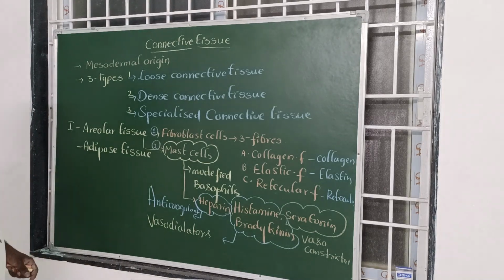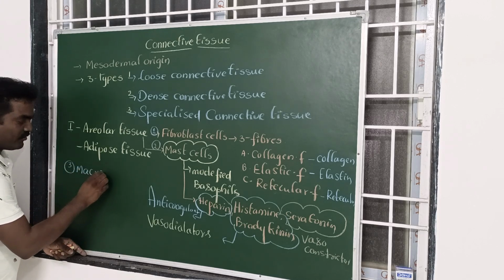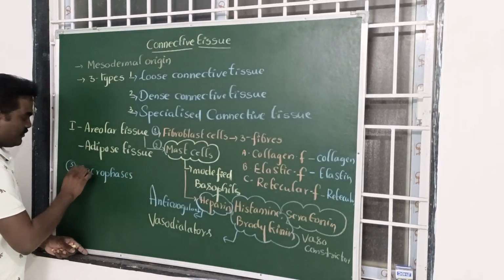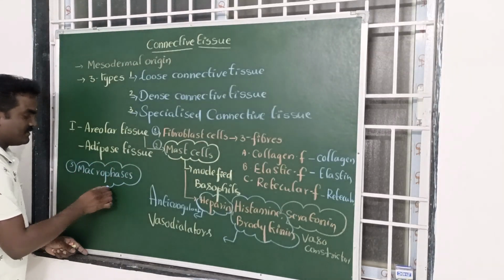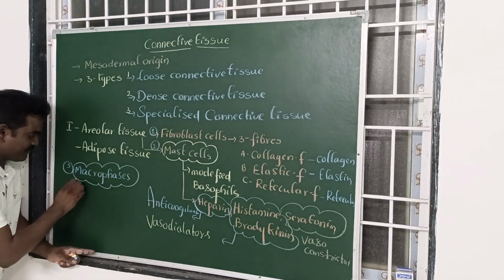The third type of cell is the macrophage, or macrophages. What are these macrophages? These macrophages are modified monocytes.